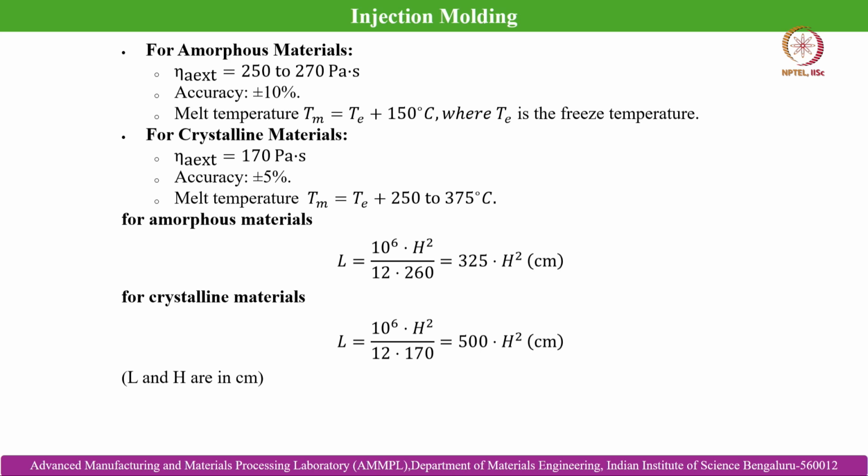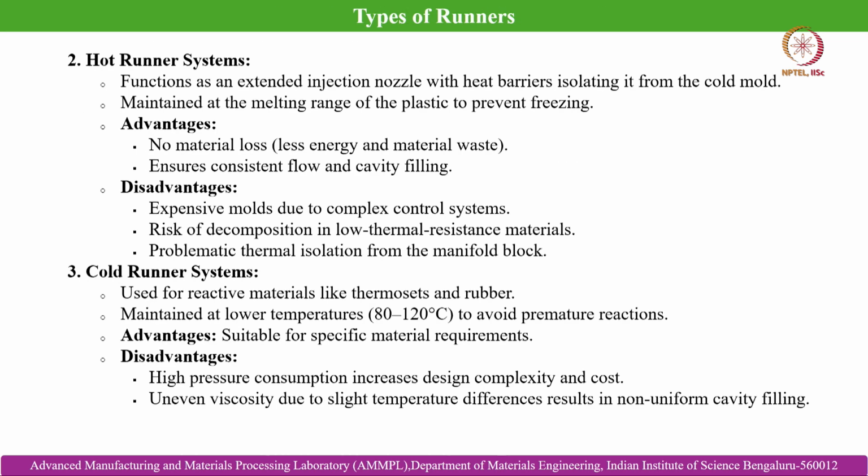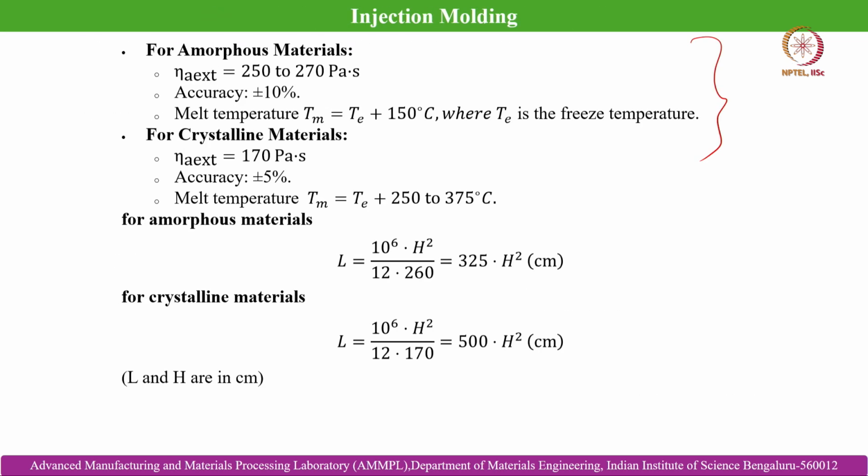So, these are basically the empirical outcomes that have been rigorously tested and evaluated, and that is why they are documented for your knowledge. And here for amorphous materials, the flow length, which was shown earlier also, can be determined from this empirical formula, and for crystalline materials the flow length can be determined by this crystalline formula.